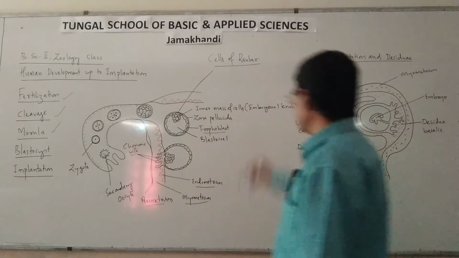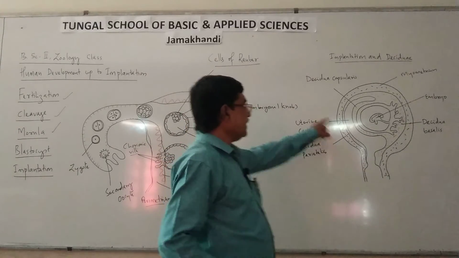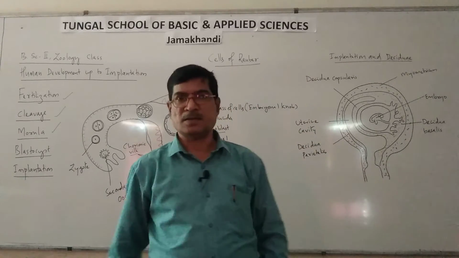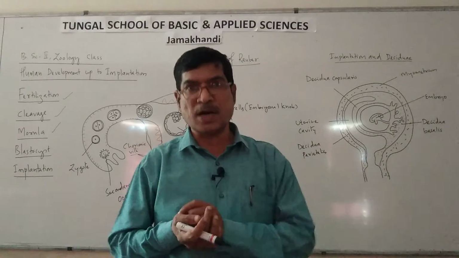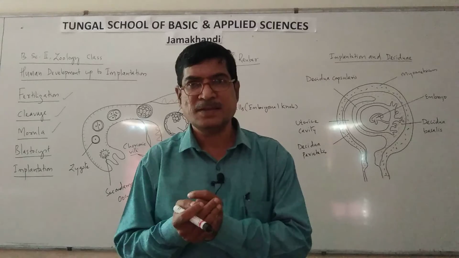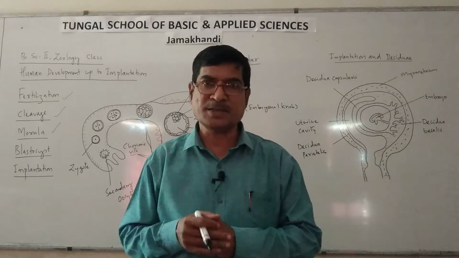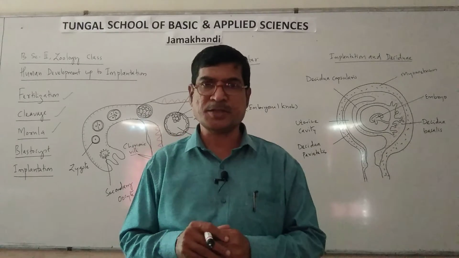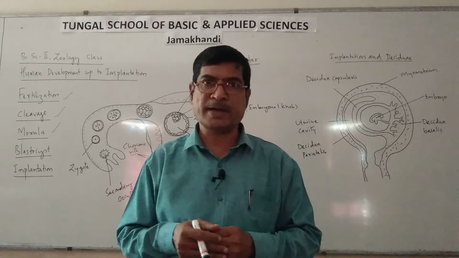After implantation of the blastocyst, the endometrium becomes decidua. Decidua is the part of the uterus that is shed during parturition. So decidua is nothing but endometrium.